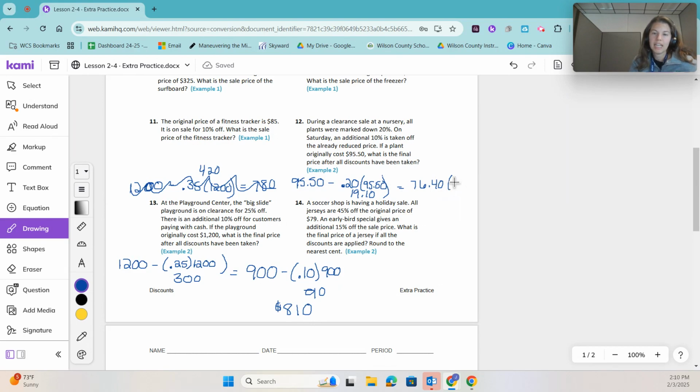Then we're subtracting 10% of that, and that's going to be $7.64. So we're doing the $76.40 minus $7.64, and the new final is going to be $68.76.